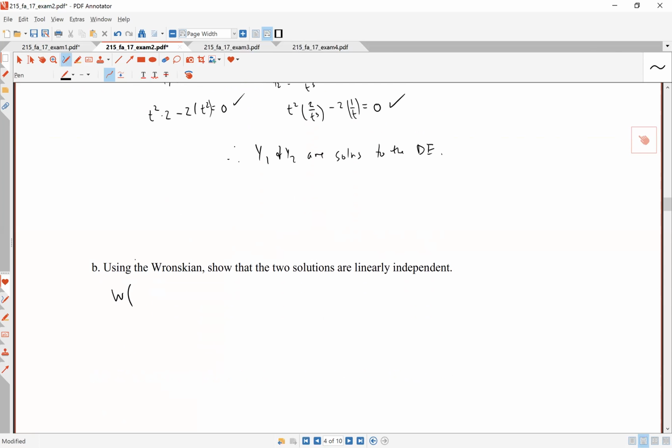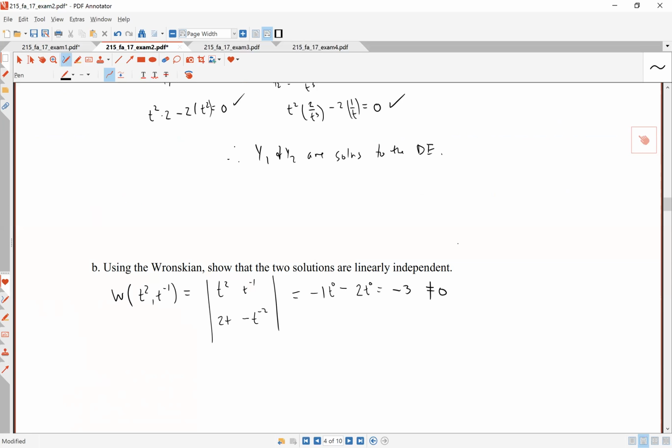The Wronskian of t squared and t to the negative 1 is the determinant of t squared, 2t, t to the negative 1, negative t to the negative 2. So that's going to give us negative 1 minus 2, which is negative 3, and that is not equal to 0.